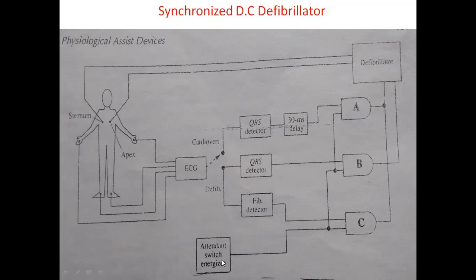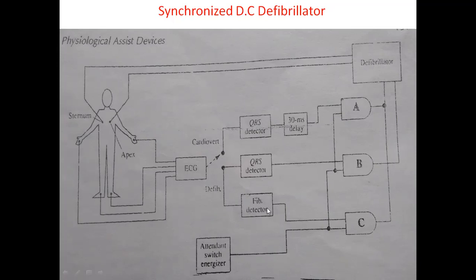When we apply the switch, it produces a pulse to A, and accordingly the signal is applied to the defibrillator. Similarly, we have the QRS detector and the fibrillation detector.